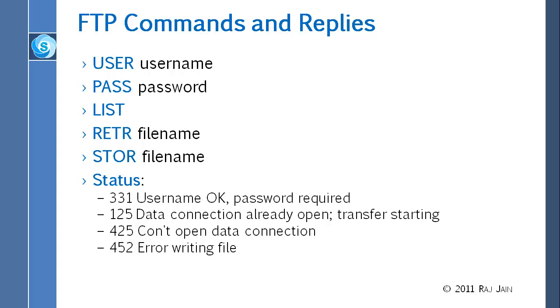So there is a number and there is a text. The text is what is presented to you. The number is what the client and server understand. If you do FTP in a command box, in a DOS box, you can say help, and it will list a whole set of commands.